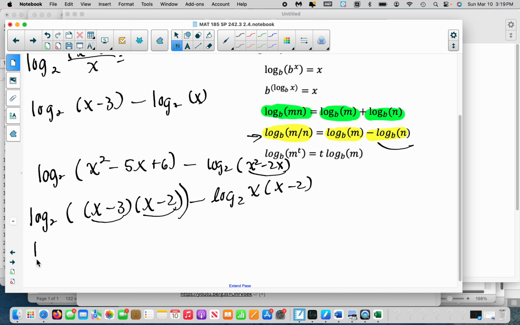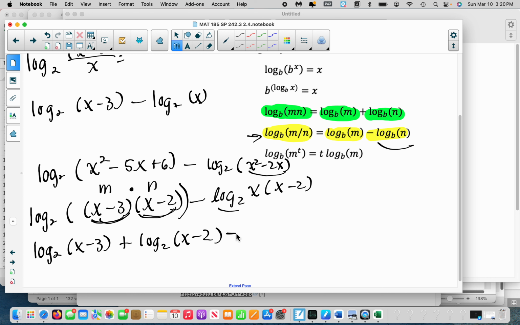So then this becomes the log base 2 of x minus 3 plus the log base 2 of x minus 2. Okay, so I just split this up. I have two pieces. This is my m, this is my n, and so I can split that up where I add those together.